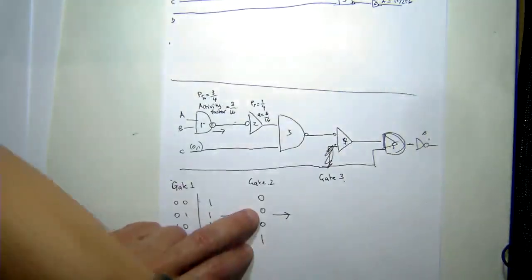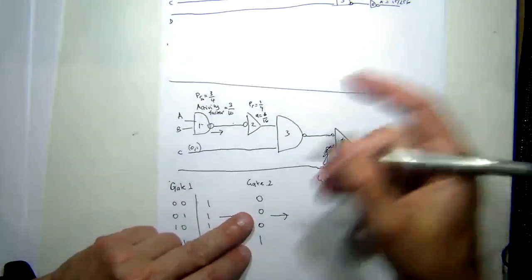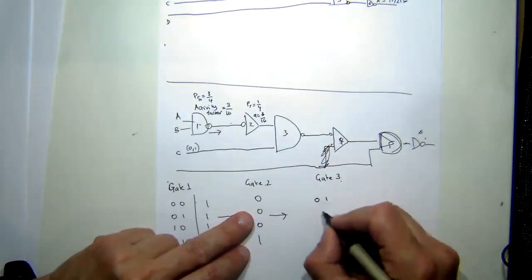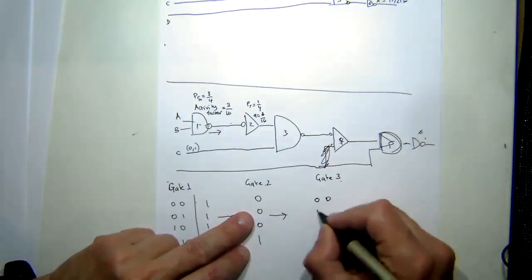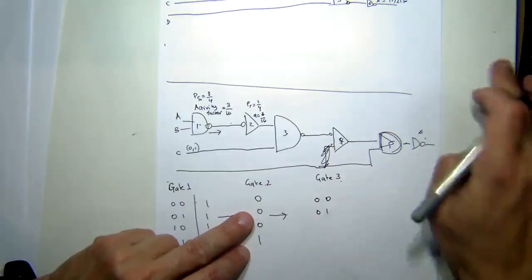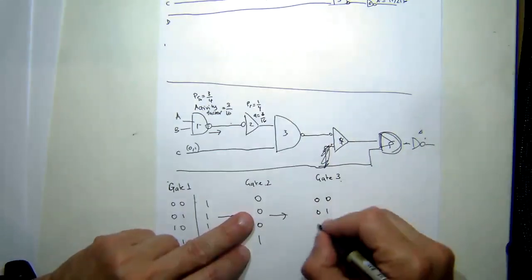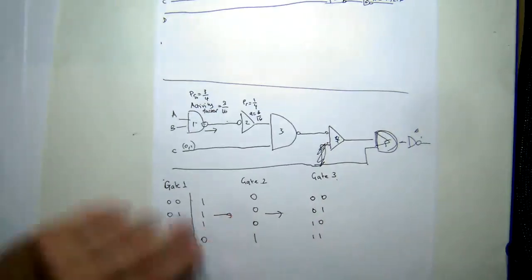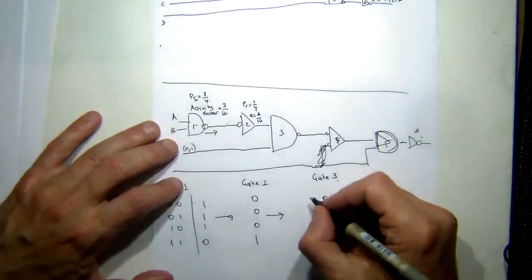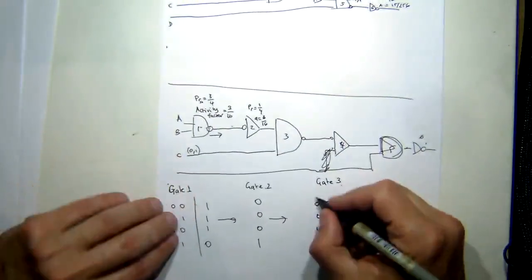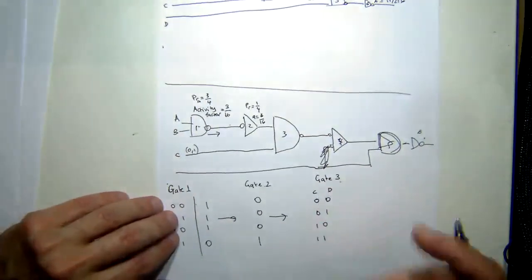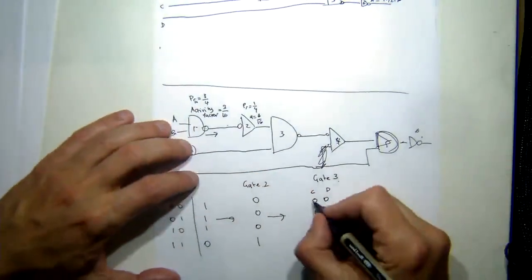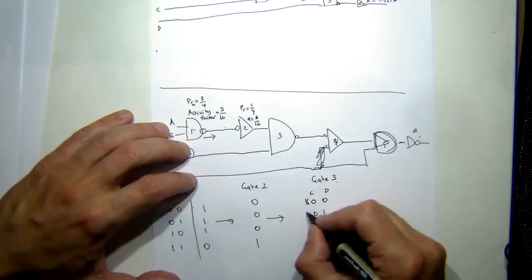You can do 8 outcomes, or you can say we do 0, 1 for C and 0, 0, 0, 1 for D. We can say the probability of C is a half.